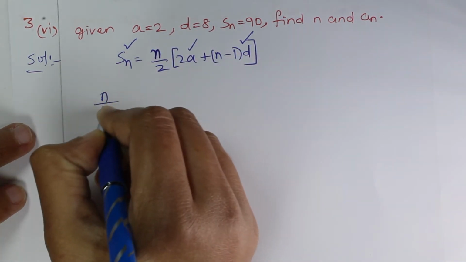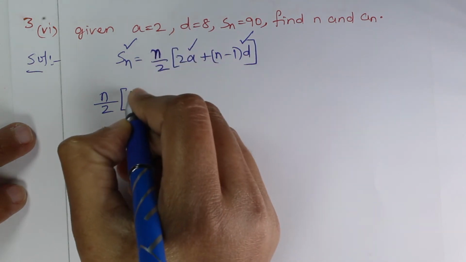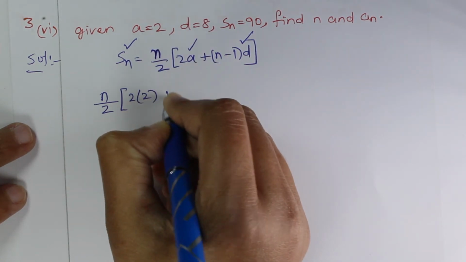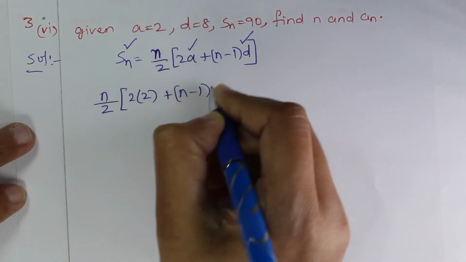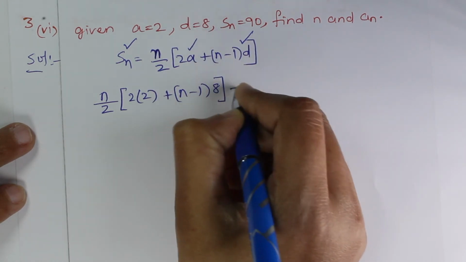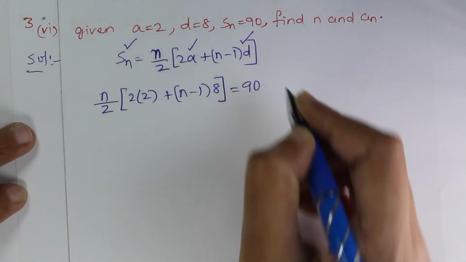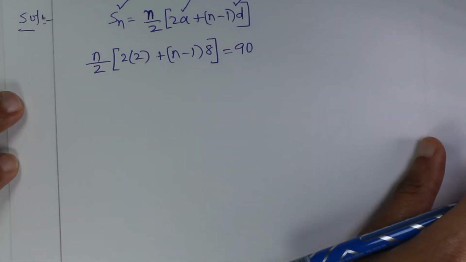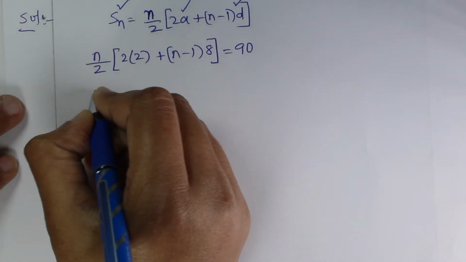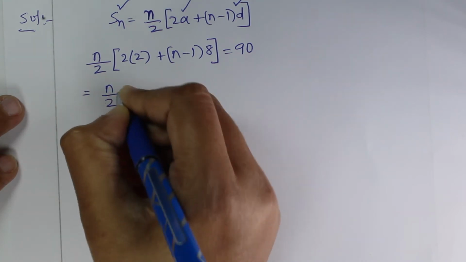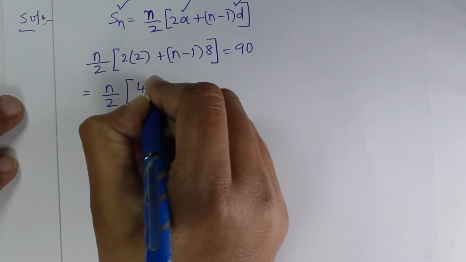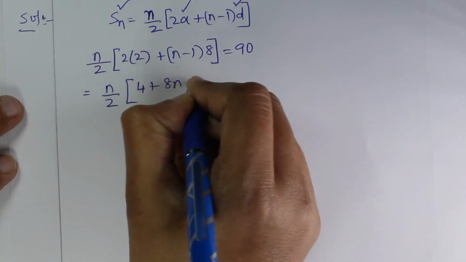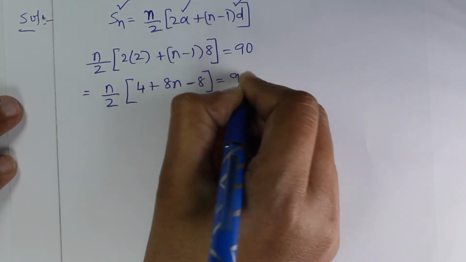n by 2 into 2a, 2 into 2, plus n minus 1 into d, which is 8, is equal to Sn, which is 90. That is equal to n by 2 into 4 plus 8n minus 8 is equal to 90.